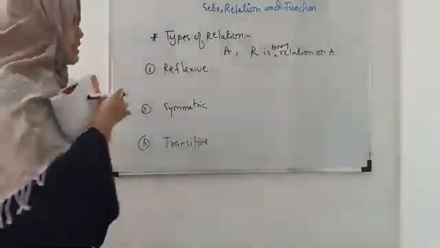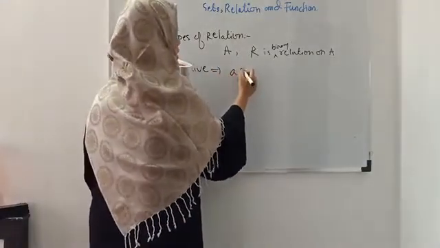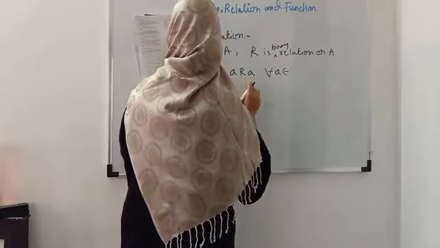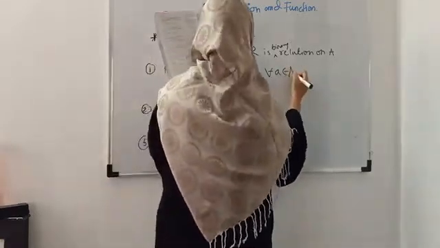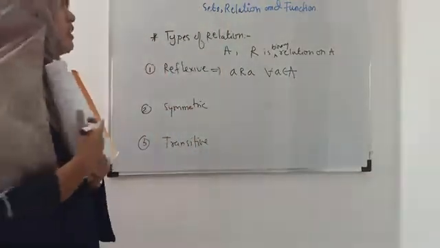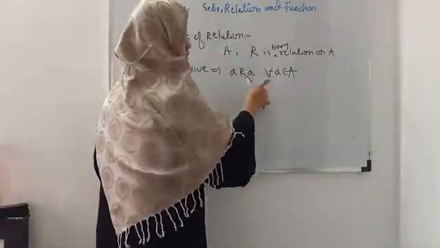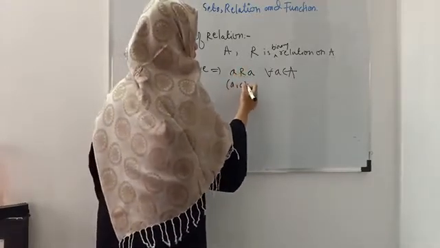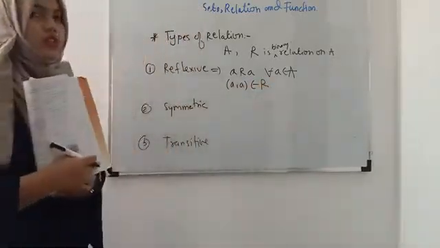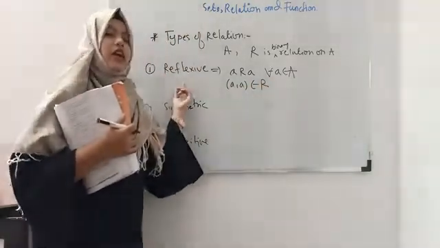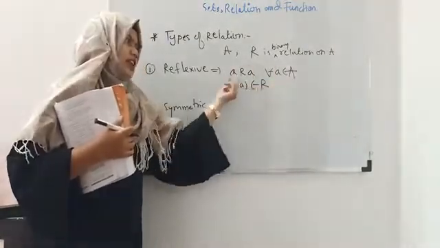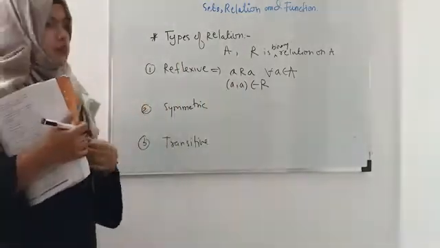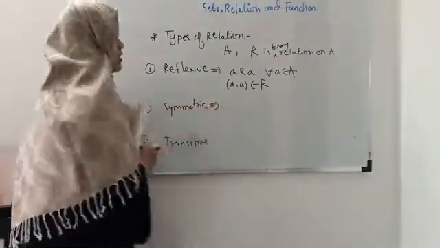First type is reflexive if A is related to A for every A belonging to capital A. That means all the elements in that set A are related to each other. That means A cross A belongs to your relation. तो जब भी reflexive means what? Every element in A should be related to itself. It is called reflexive.